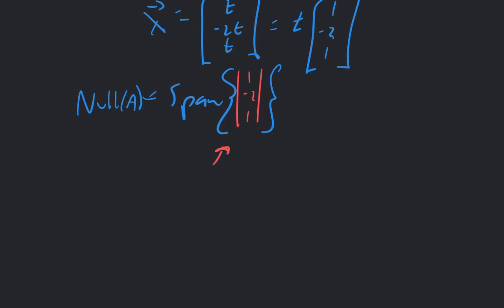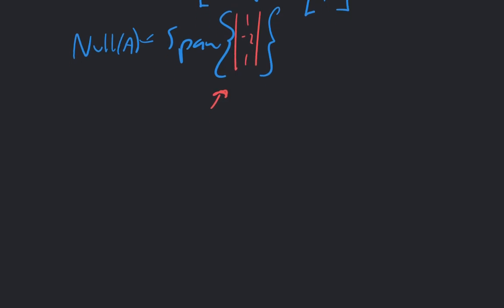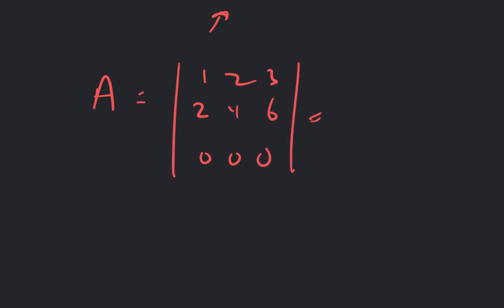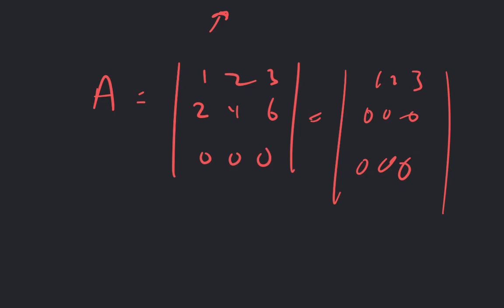You can have a higher dimensional null space. For example, if we had this matrix and when we row reduce, we get this.